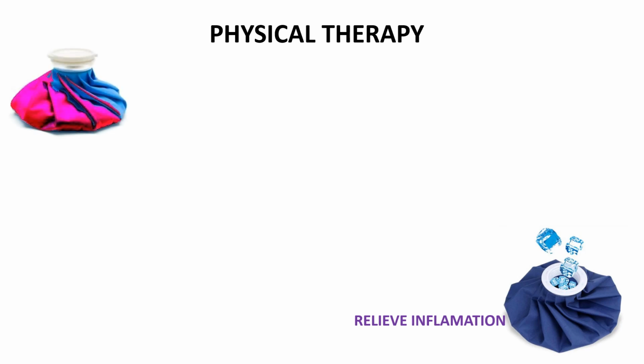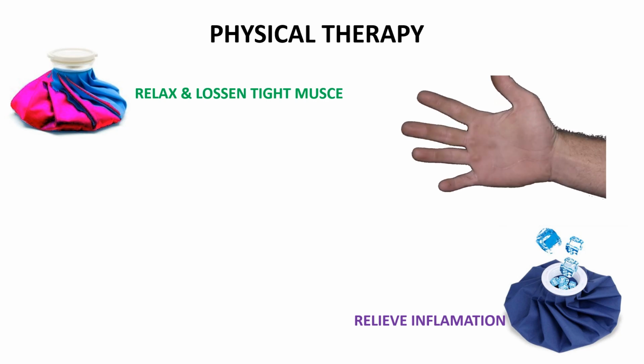Now I'll tell you about the physiotherapy treatment methods. First, the patient is asked to use an ice pack over that area, which reduces the inflammation. In some cases a heat pack is used, which relaxes and loosens the tight muscles. The patient is also asked to do deep massage over the thenar eminence of the hand, which relaxes the muscles over that area, and to do stretching of the thenar eminence muscles in thumb extension and abduction directions.